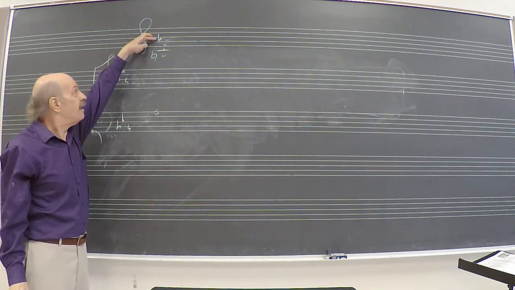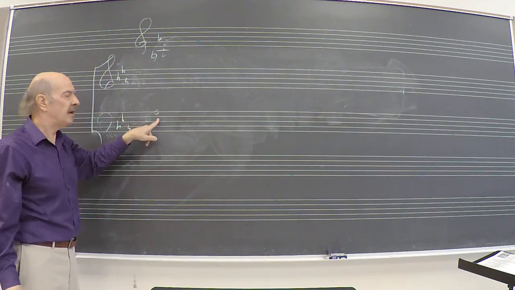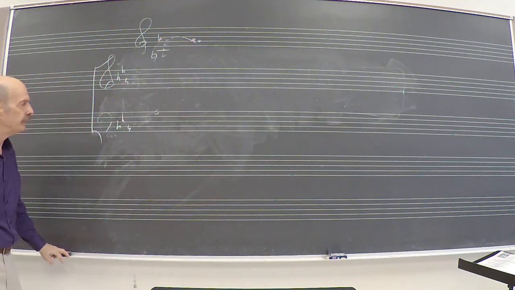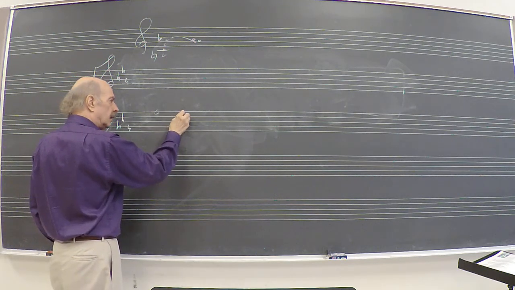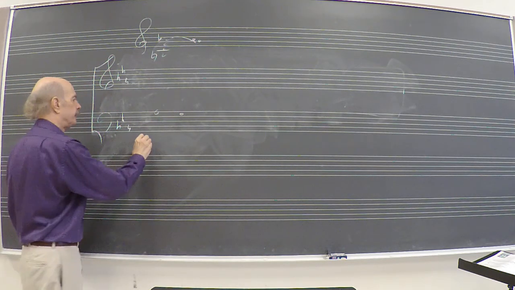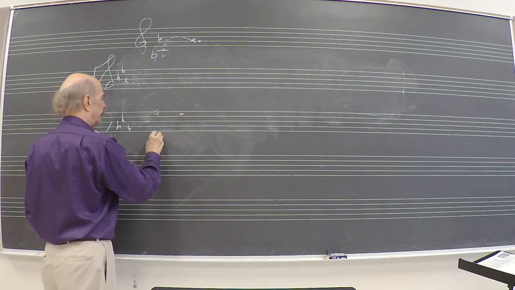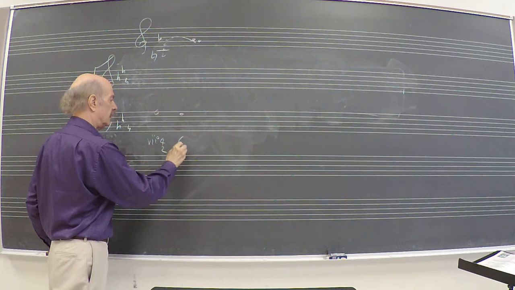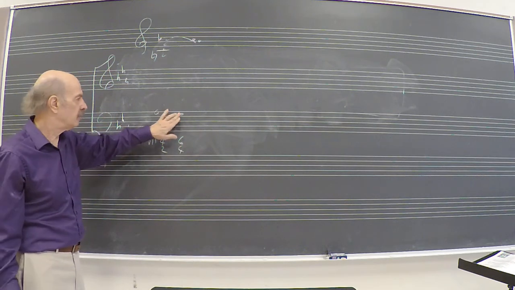Let's put the A flat, the 7th of the chord, in the bass. Now we know how that resolves, right? Going to push down to the G, correct? Now, if that happens, you're ending up with a 6-4, right? It's going to be the 5th of a C minor chord.